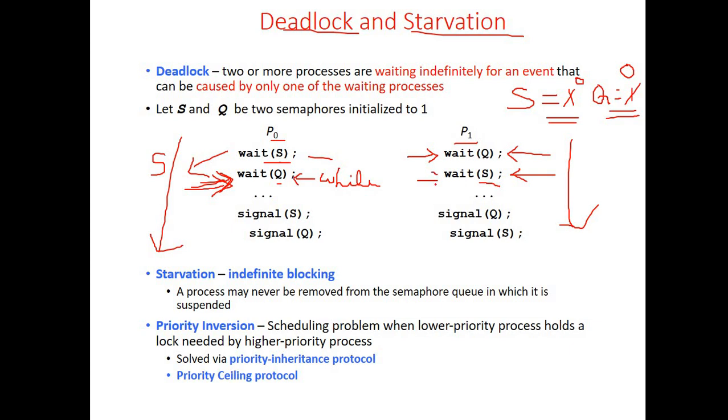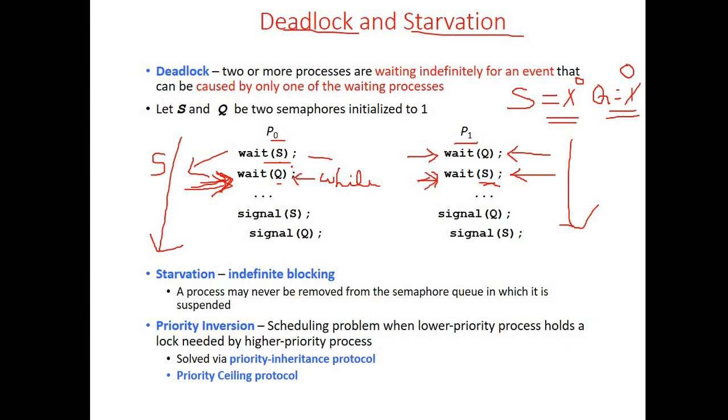That means it will keep on checking the while loop, verifying the value of the S variable, and process P1 will enter into a blocked state. So in that way, P0 on waiting for the Q variable will enter into the blocking state. P1 on waiting for the S variable will also enter into the blocking state.